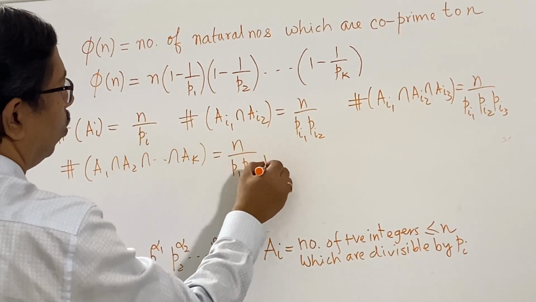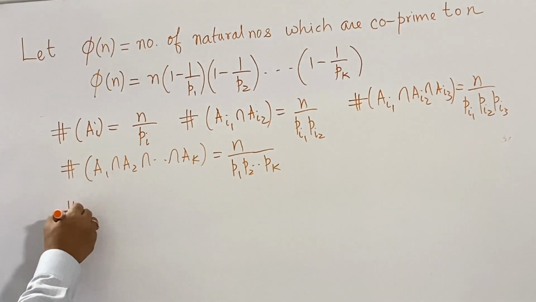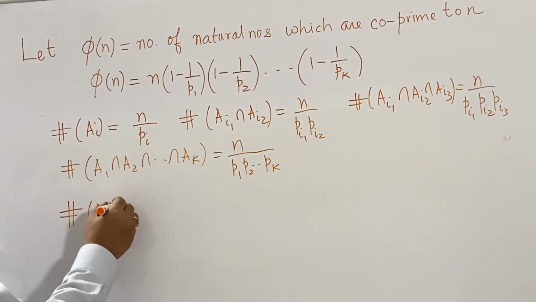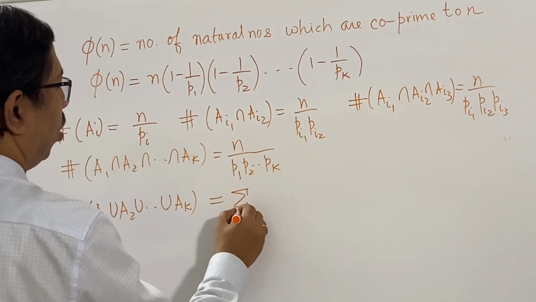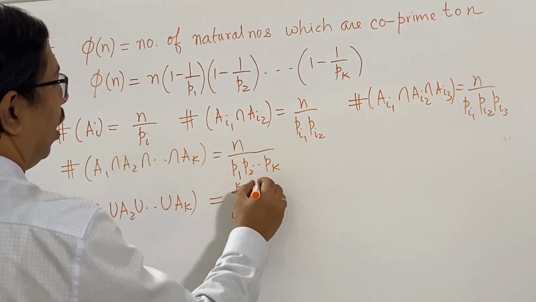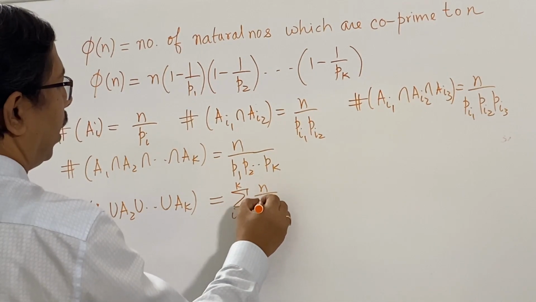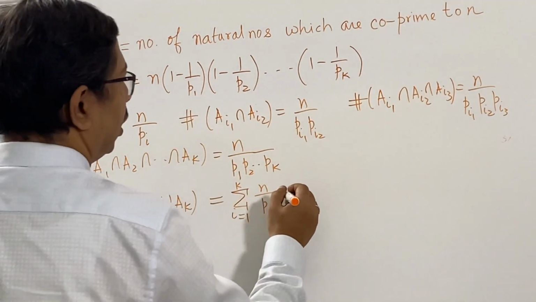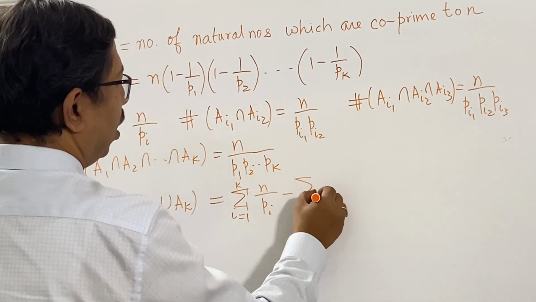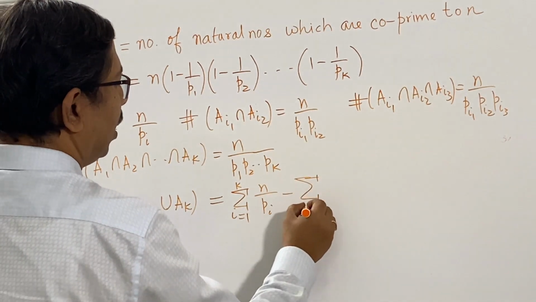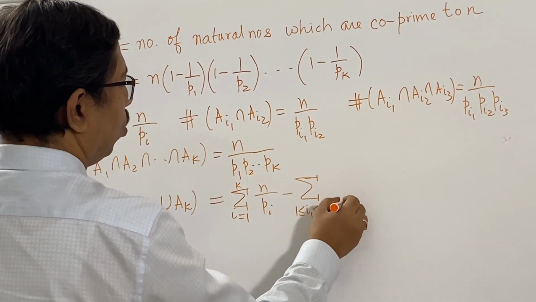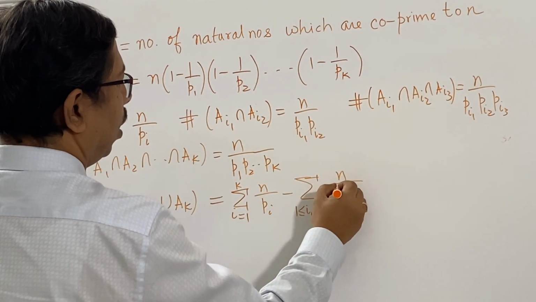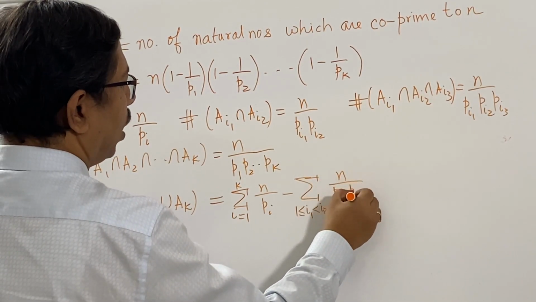Using the principle of inclusion exclusion, the first term will be the summation over i equal to 1 to k of n by pi. The second term would be the sum over 1 less than or equal to i1 less than i2 less than or equal to k of n by pi1 into pi2.